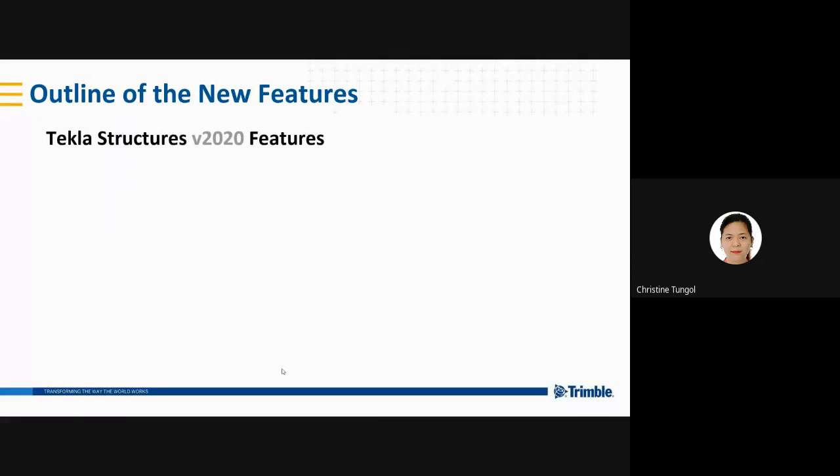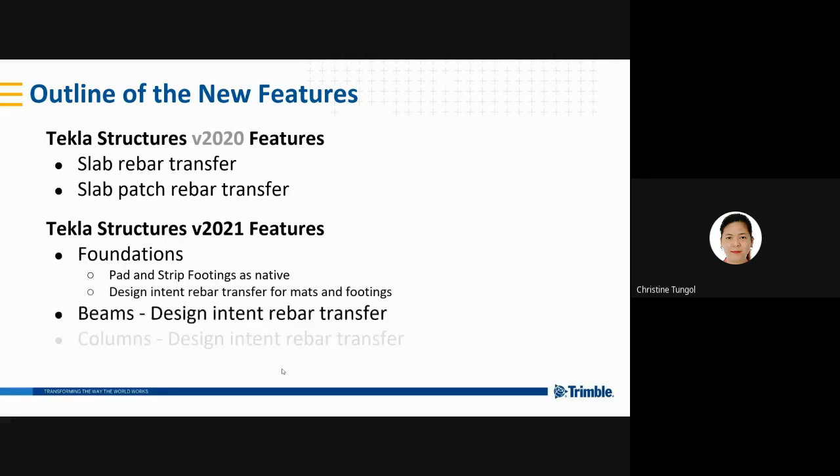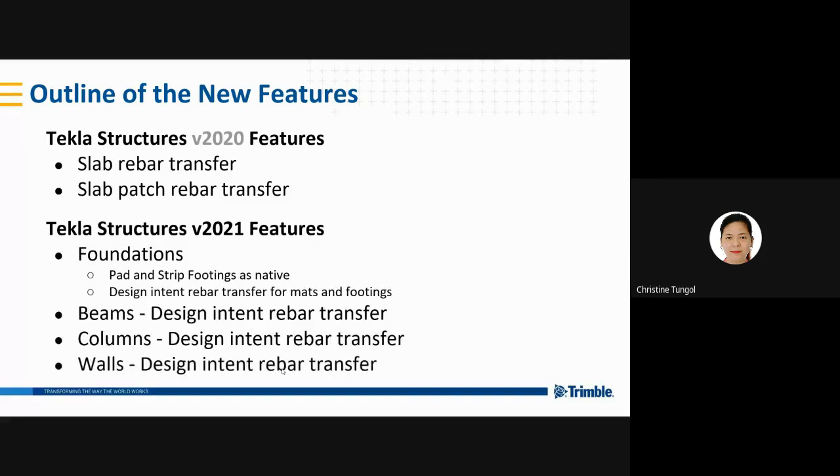So in the Tekla Structures 2020 version features, the slab and the slab patch rebar can be transferred in the previous version. But for the Tekla Structures 2021 version features, the foundation, the beams, the columns, and the walls can now transfer the design intent of the rebar.